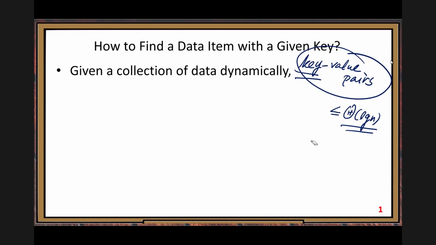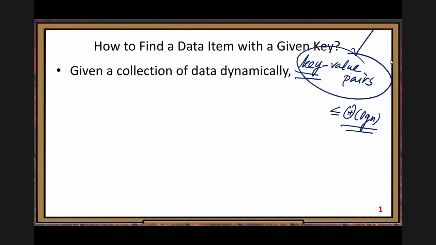So the data organized in this data structure, key value pairs, key, search key. So with a given key, we can find the data stored in this value, key value pair.